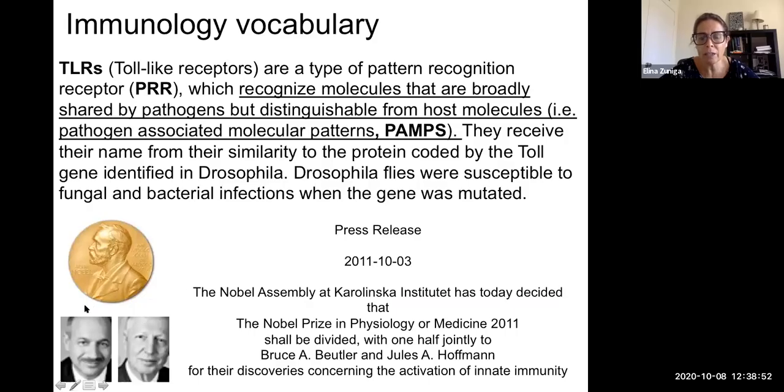Later, Beutler identified the first ligand of the mammalian toll-like receptors, LPS for toll-like receptor 4, as we will see, and he shared the Nobel Prize in 2011 with Hoffman. Interestingly, Hoffman found that when Drosophila lacks the gene toll, they become more susceptible to bacterial and fungal infection. That was the first evidence that toll may participate in host defense.